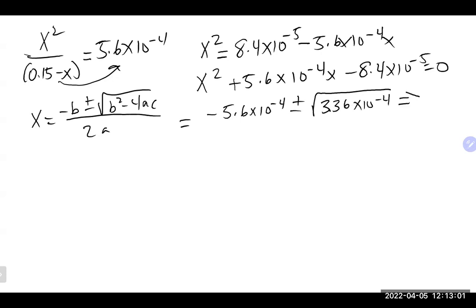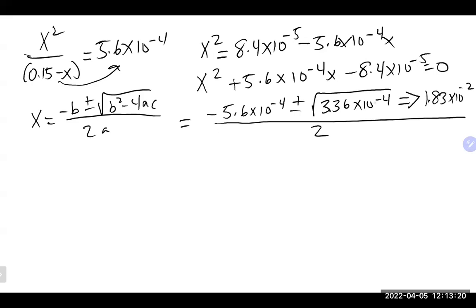And then if you square root it, you end up with a 1.83 times 10 to the minus 2 after doing that. That would all then be divided by 2a, which is basically 2 times 1 in this case. This is going to give us our two x values like normal.